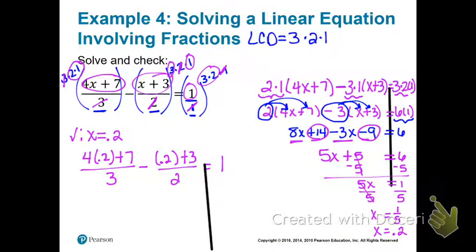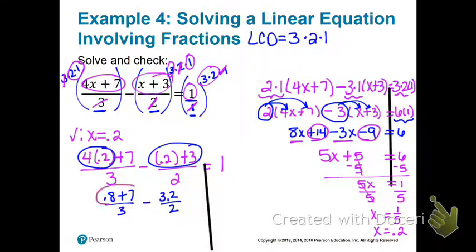So let's work on the left side. So we got 4 times 0.2, which is 0.8, plus 7 over 3, minus 0.2 plus 3 is 3.2 over 2. I'm going to add this first one, 0.8 plus 7 is 7.8 over 3 minus 3.2 over 2.